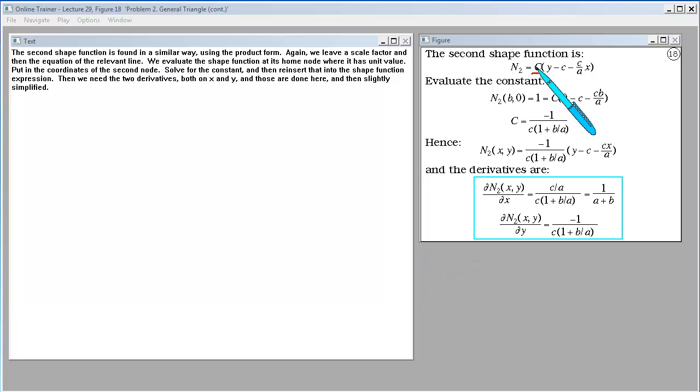Again, we leave a scale factor and then the equation of the relevant line. We evaluate the shape function at its home node where it has unit value, put in the coordinates of the second node, solve for the constant, and then reinsert that into the shape function expression. Then we need the 2 derivatives, both on x and y, and those are done here, and then slightly simplified.